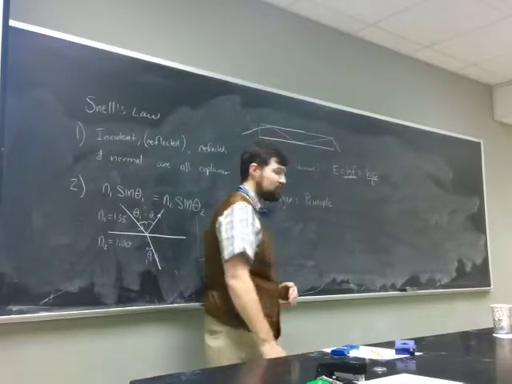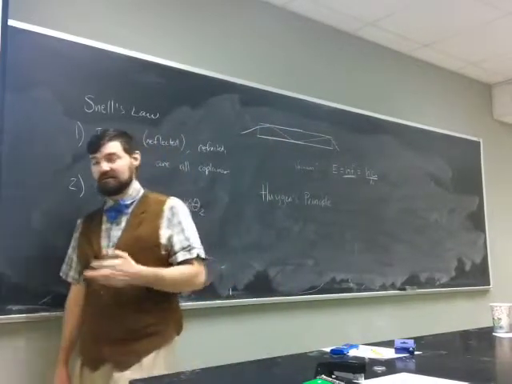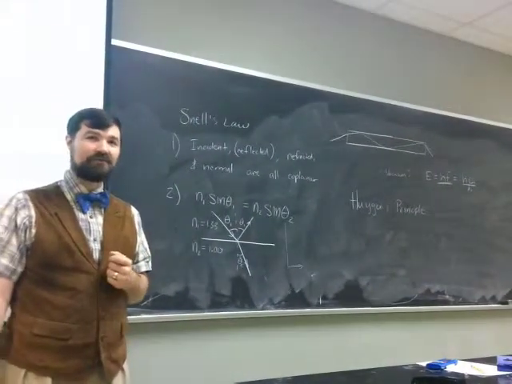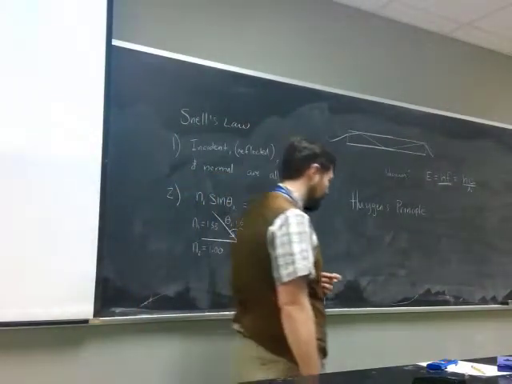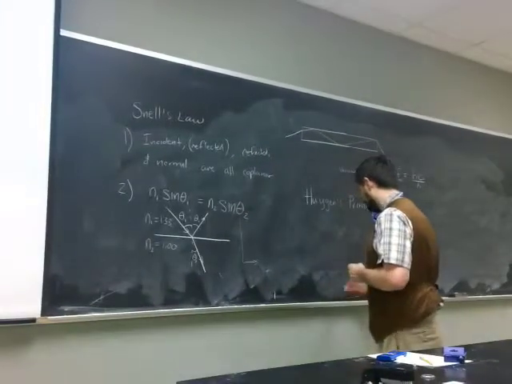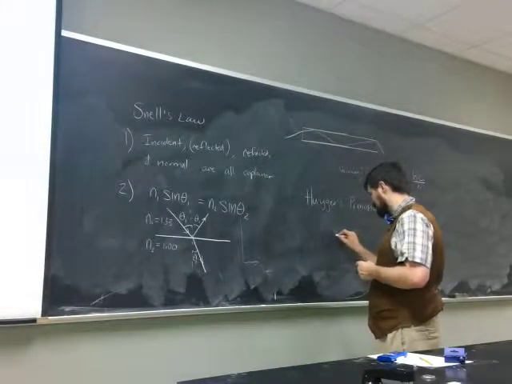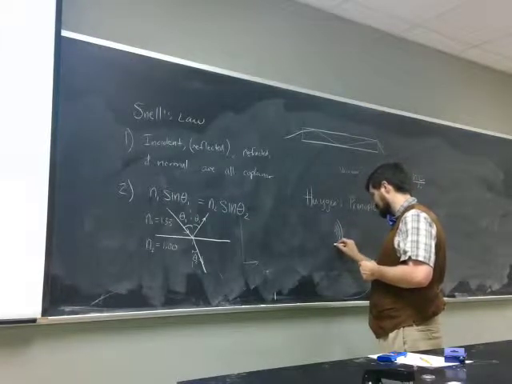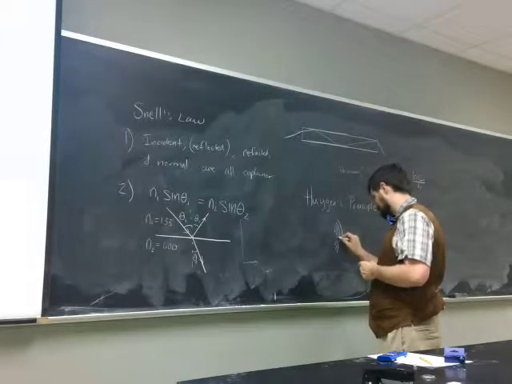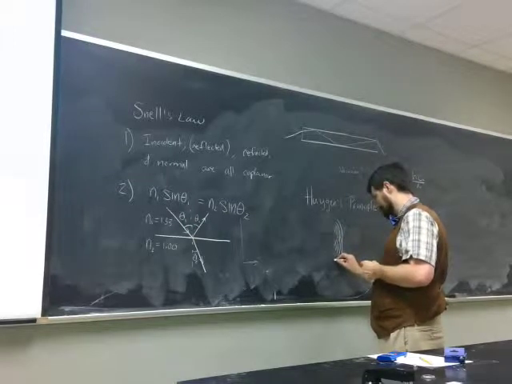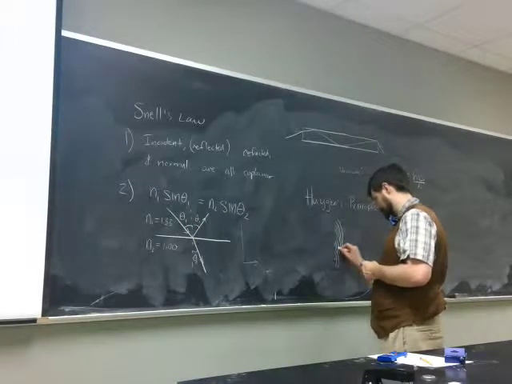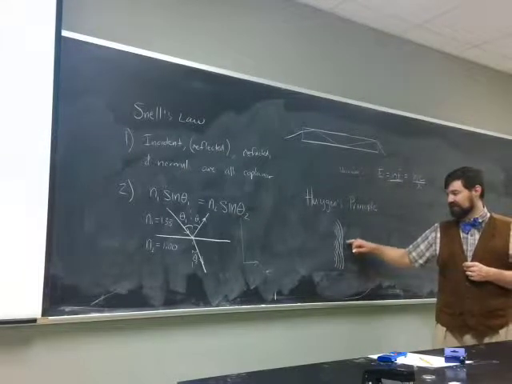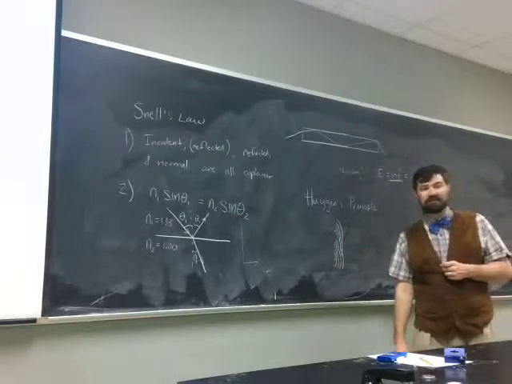So back to Huygens' principle. Huygens' principle basically says that if you want to figure out how light moves or how light behaves, you look at a wavefront. That wavefront can be approximated by considering a bunch of little wavelets, and looking at how these little wavelets interfere with each other.